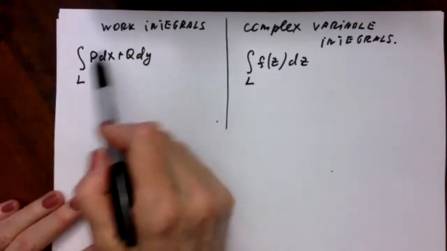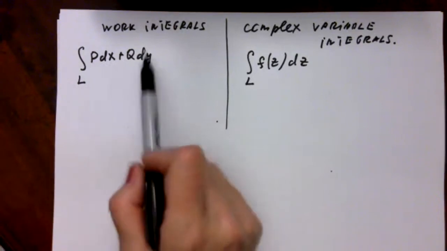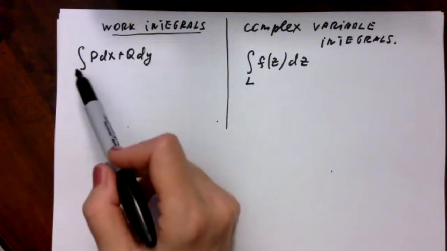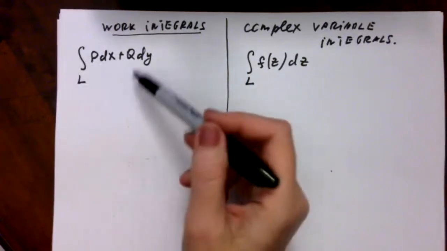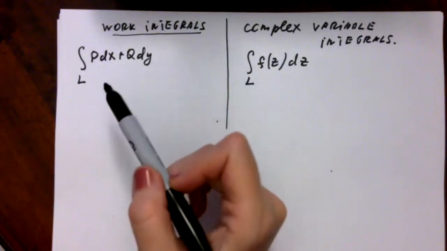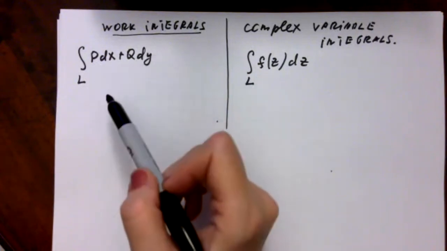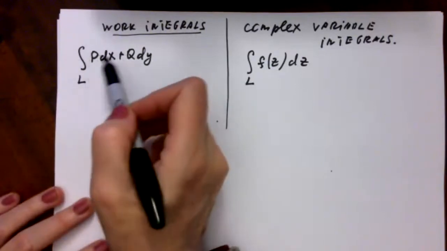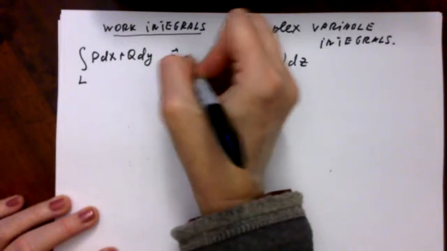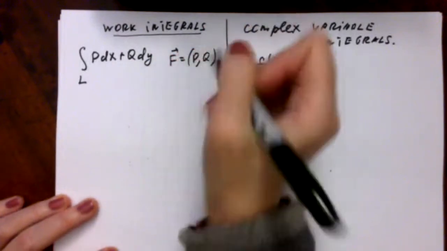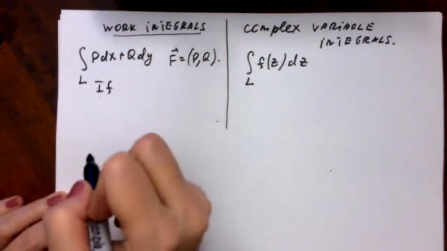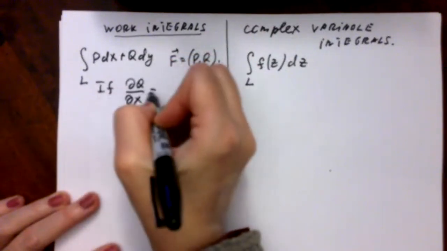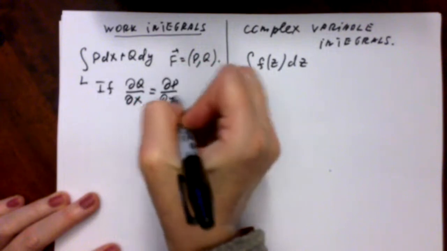Maybe you immediately recalled that when we were dealing with work integrals, there was a nice property. Sometimes the result of the calculation didn't depend on the shape of the curve, and it depended only on the start and ending point of the curve. Where did it happen? When the vector field, p and q being the components of your 2D vector field, was irrotational, namely in the 2D case, when dq over dx was equal to dp over dy.